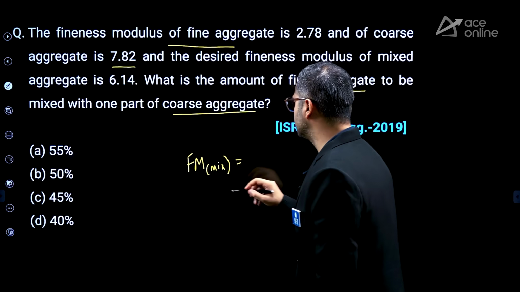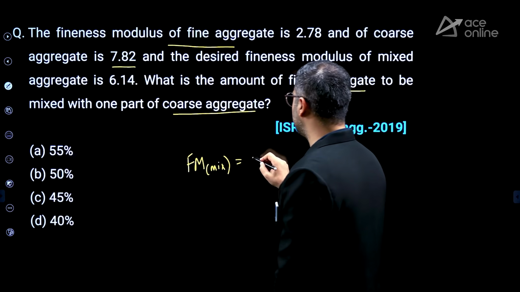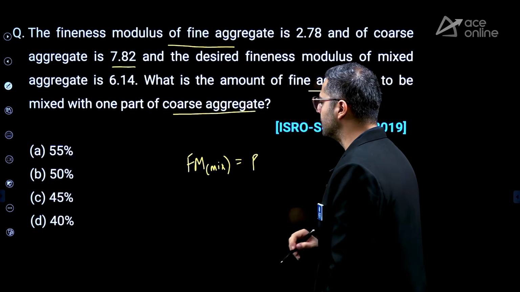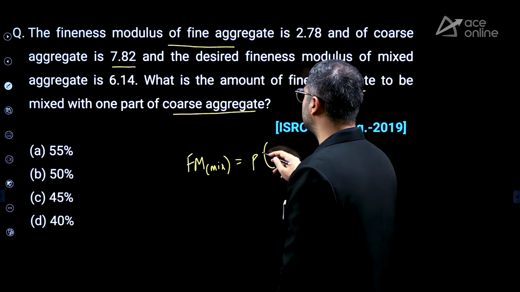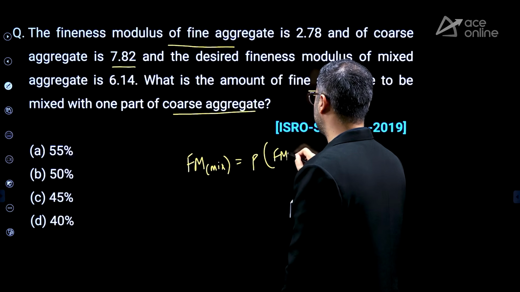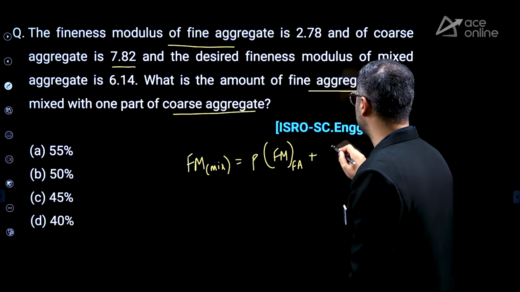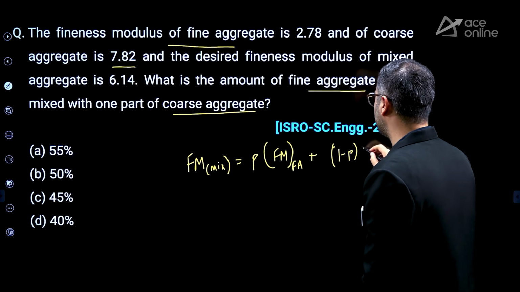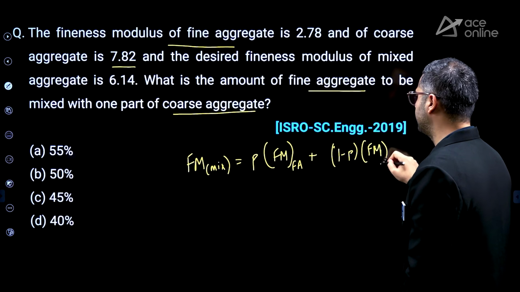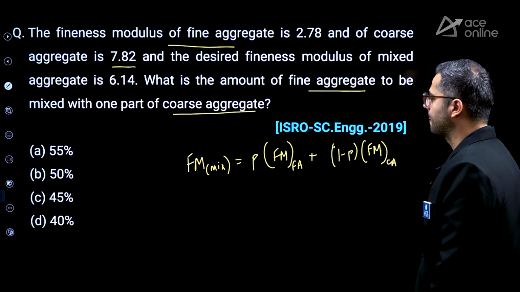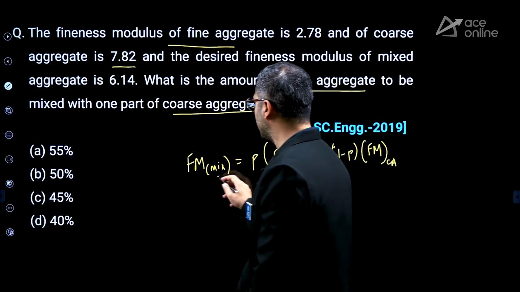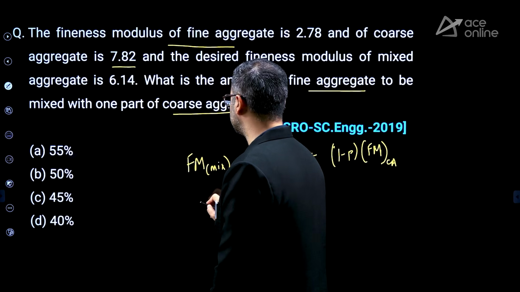So for the fineness modulus of the mix, let's say P is the proportion of fine aggregate, plus 1 minus P proportion for the fineness modulus of coarse aggregate, right? You can just do it like that. And over here, fineness modulus of the mix is 6.14.